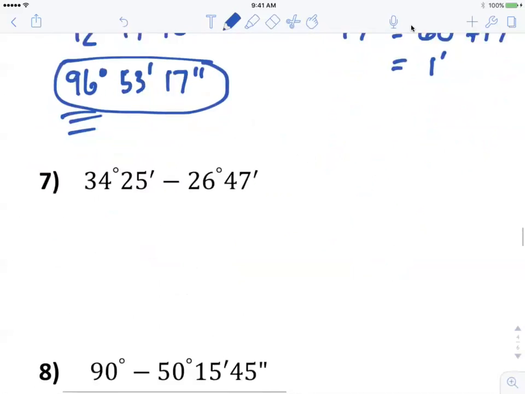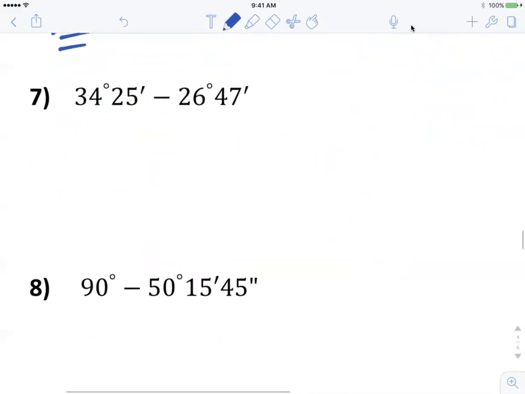In this number 7 example, if we do some subtraction, if I just write it underneath, my problem here is that 47 is bigger than 25. If it was less than 25, no problem, just subtract and you're good to go, right?